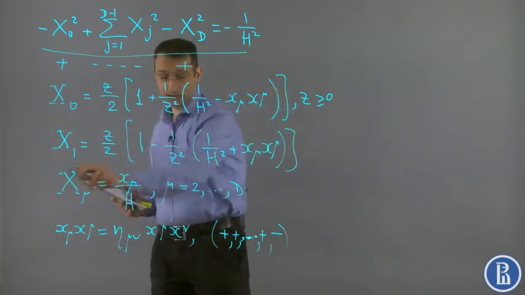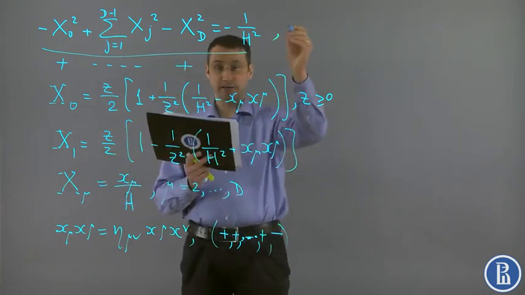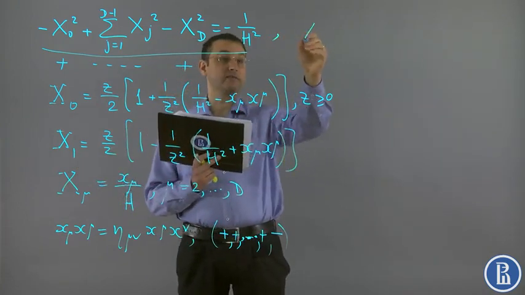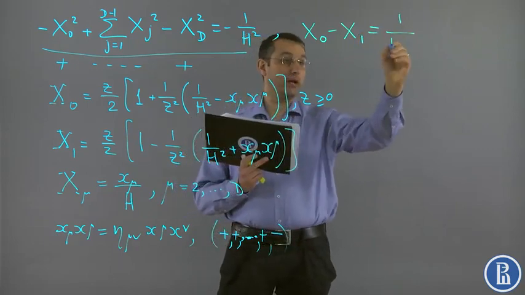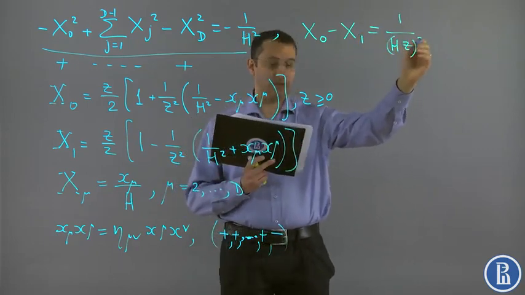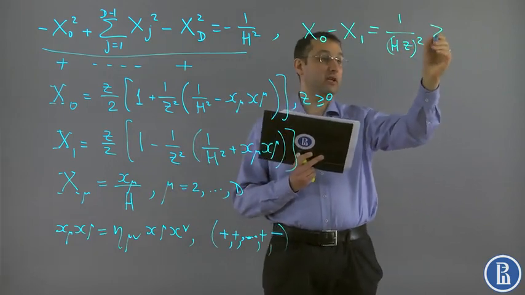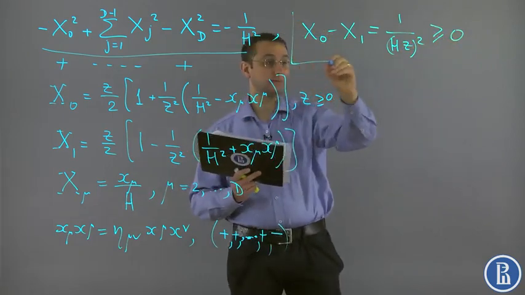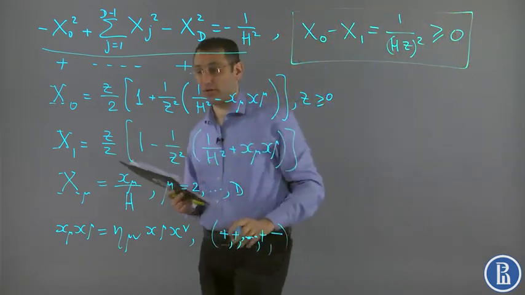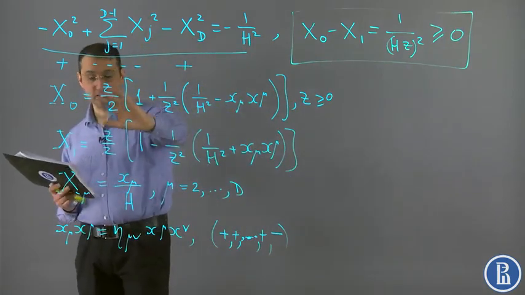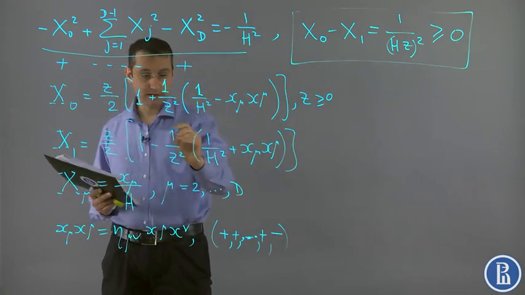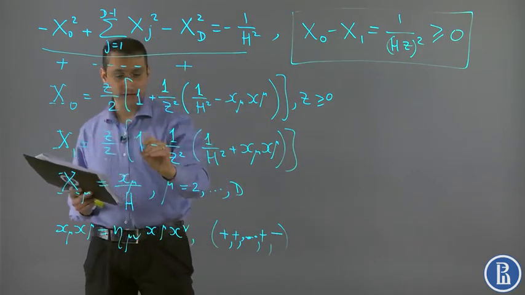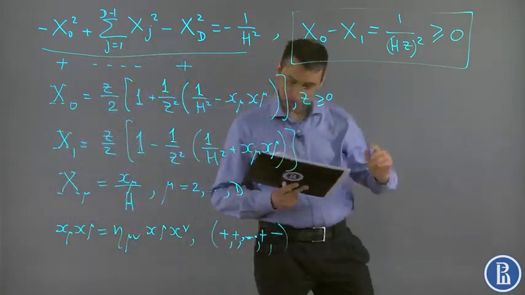So for z greater than 0, one can see from these expressions that x0 minus x1 is equal to 1 over h z squared, and it is actually greater than 0. So these coordinates, unlike the previous ones, which cover the entire anti-de Sitter space, cover only half of it, given by this condition.